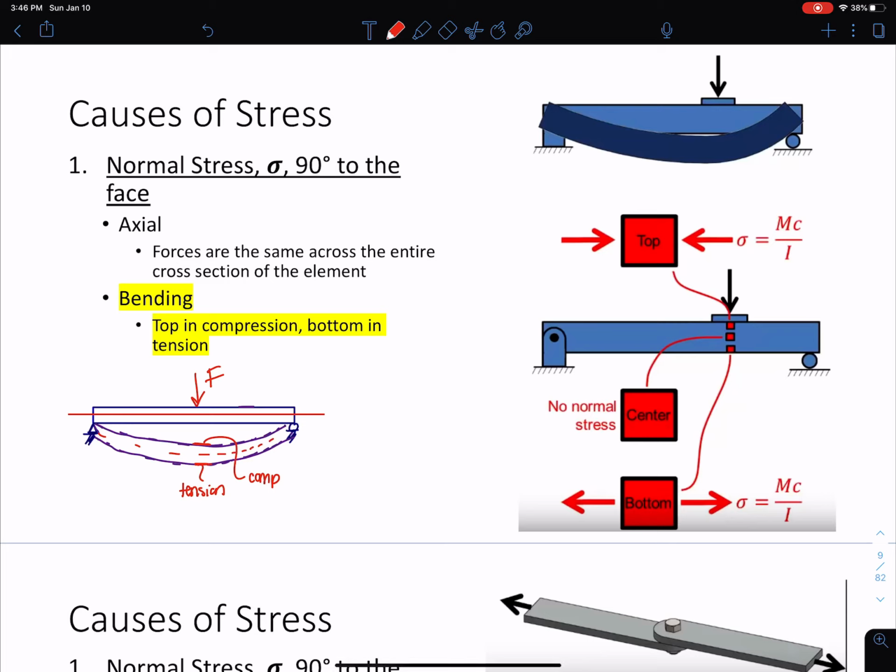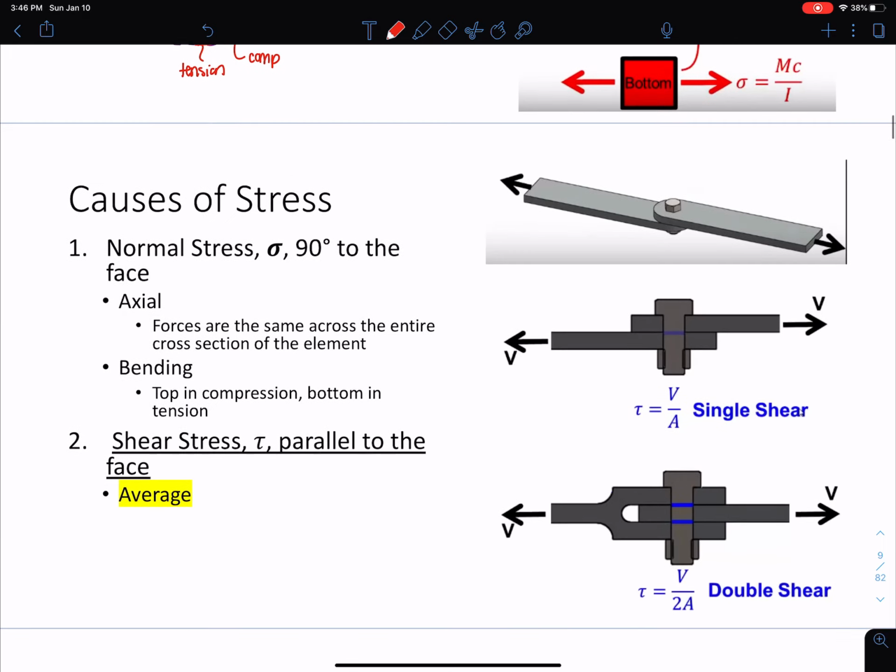That's called my neutral axis. So we'll get into that a little bit more. But basically the formula for normal stress due to bending is moment times this value c, which corresponds to my neutral axis, divided by my moment of inertia. So we don't have to worry too much about these equations just yet. We're going to get into them in a lot more detail in the next few topics, okay? Again, this is just a preview.